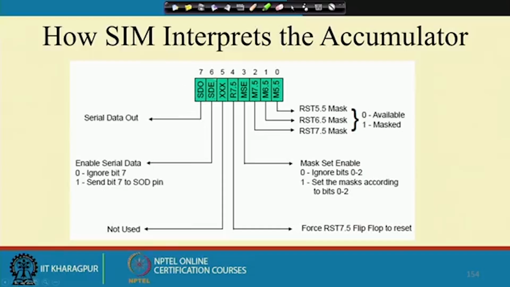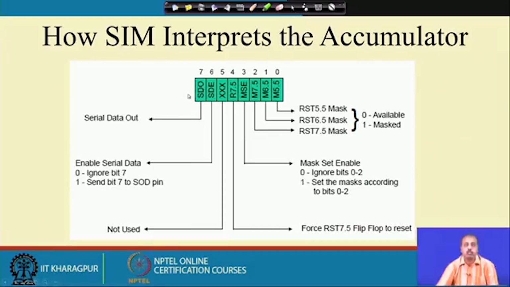Accordingly those flip flops will be set to different values, and this masking of the flip flops will take place. This is the diagram that shows how the individual bits of the accumulator will be interpreted by the SIM instruction.